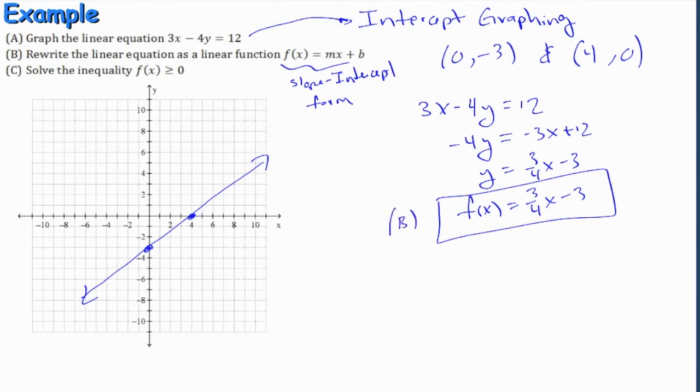And then part C says solve the inequality f of x greater than or equal to 0. So we'll take 3/4 x minus 3 and set it greater than or equal to 0. And we solve this pretty much the same way as we would any equation. Multiply by the reciprocal on both sides to cancel out the fraction.